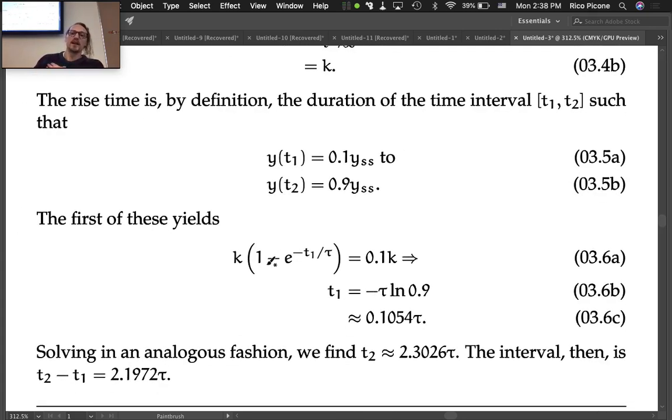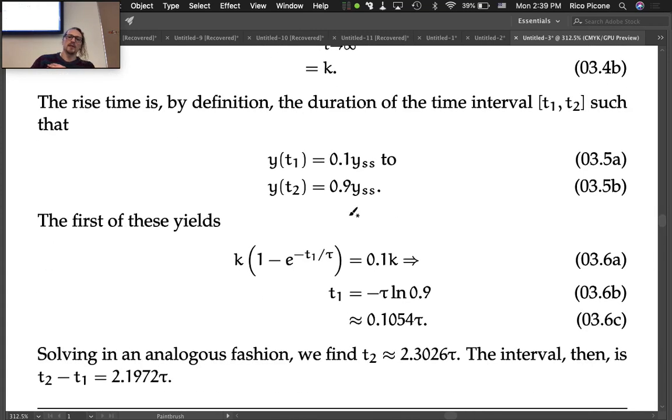So if we plug in 3.5a, that's the 10% value, we have the steady state value, so we can plug that in, 0.1 times k, and we plug in t1. We solve for what t1 should be, and t1 is about 0.1 of one time constant.